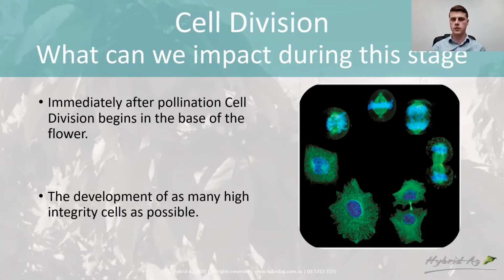It all starts right at this stage. Having the most cells possible means we can grow larger pieces of fruit without compromising firmness and shelf life.